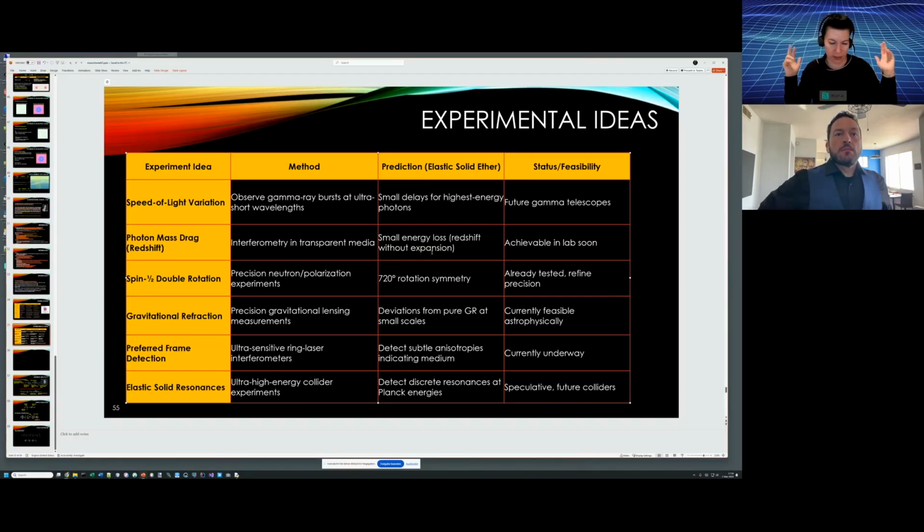So photon waves would get redshifted a little bit, in theory, over great distances, which would then explain the redshift without actual expansion. In this model, it basically means there is no expansion of the universe. The redshift is probably caused by a very tiny energy loss over great distances. We know how this works mechanically in normal elastic solids, so if we could use that research to detect it in a lab, I don't know if that's possible.